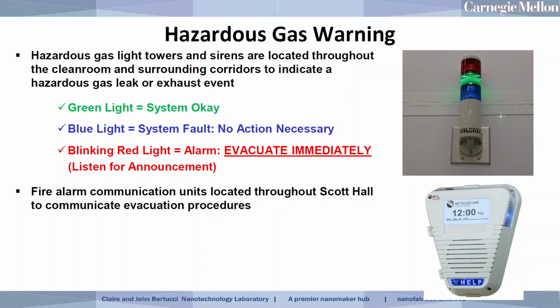The blinking red light would be the one where you would need to evacuate immediately. It will start flashing the red light, and there is an audible chirping sound that goes along with this. That would be an automatic evacuation. From that point, you'll listen to the building fire alarm system in order to know what to do next.